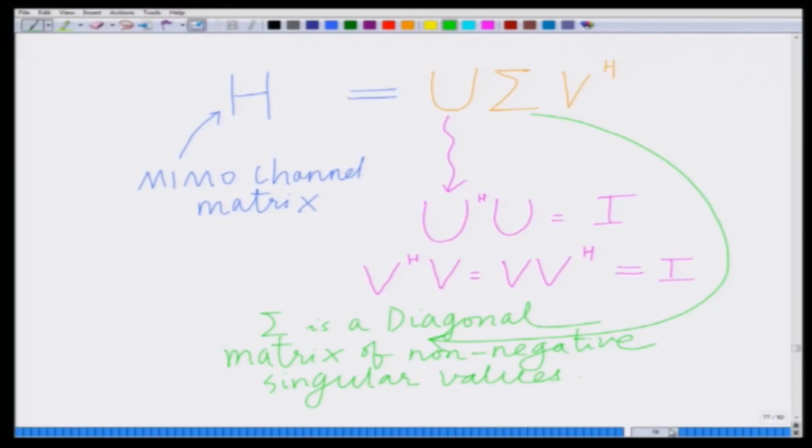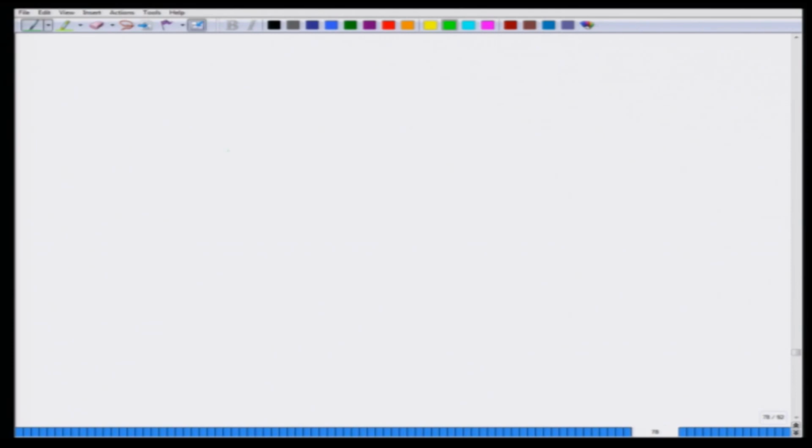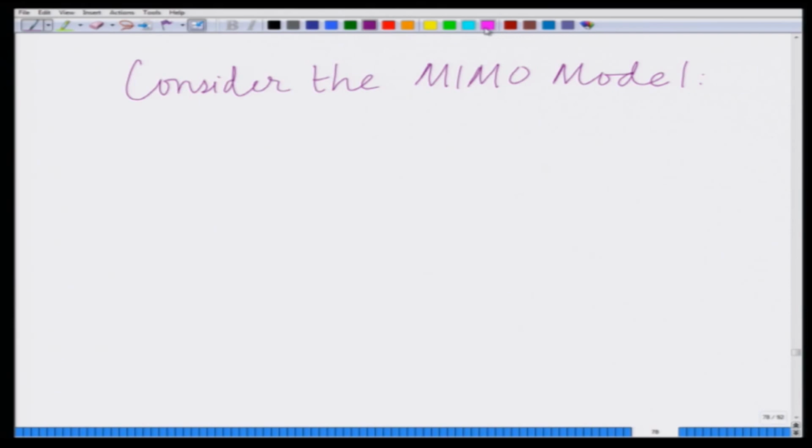Now, let us go back to our MIMO system model. Consider the MIMO communication model. We have y bar equals H x bar plus w bar.